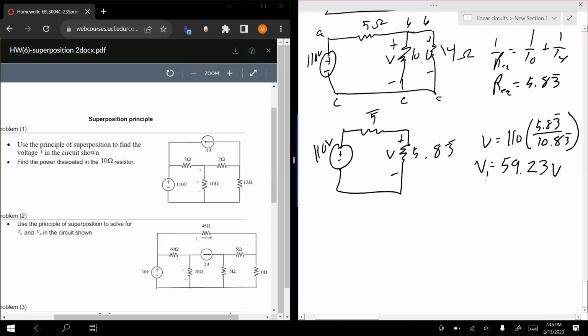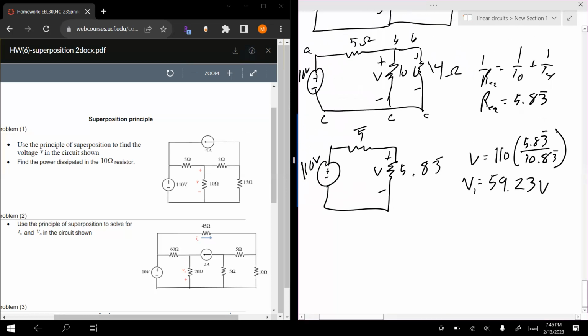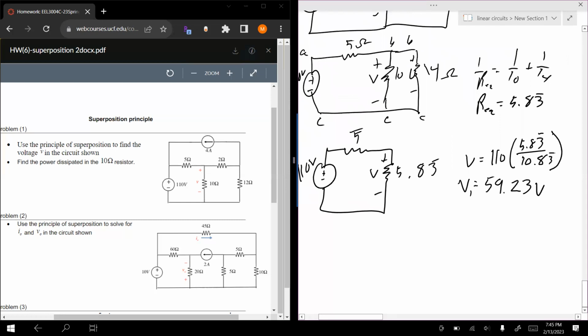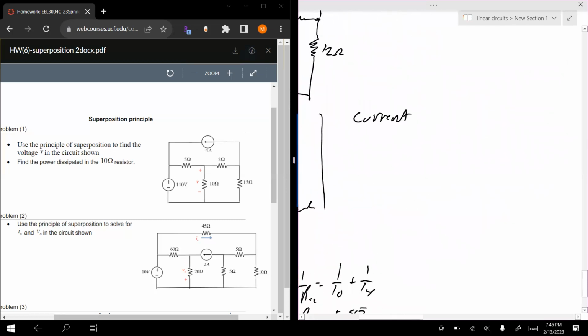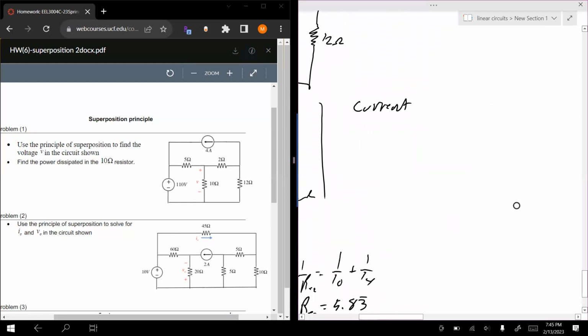This is not the full answer because keep in mind, we have another independent source in the circuit that is having an effect on that resistor. So we're going to go through and redo it, only doing it with the current this time. You're going to have your current source, and then it's going to go resistor, resistor.